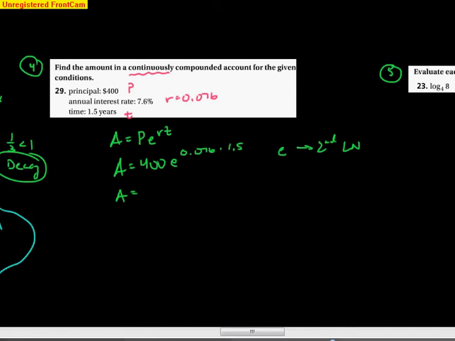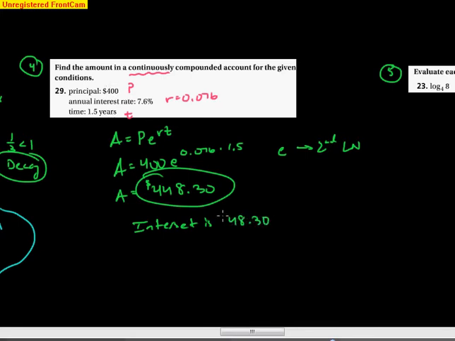And this is money, so let's round to 2 decimals, and I got $448.30. Okay? So again, notice the interest earned is what is additional to the original principal. So that would be $48.30. Cool.